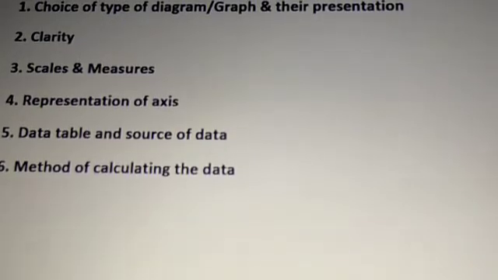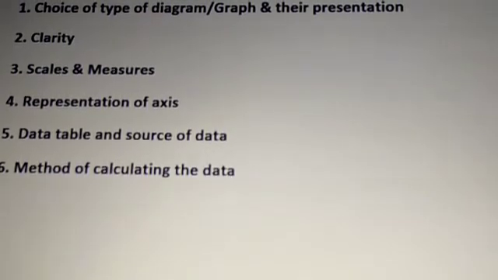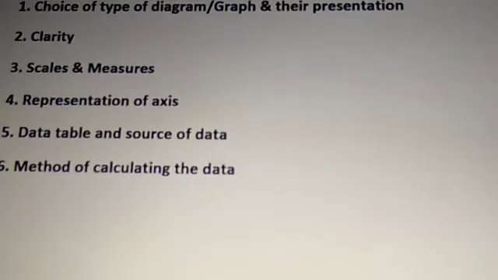Data table and source of data. Like you have seen in your previous class also, whenever any graph or diagram is made, a data table is also made with it. The data table is the information, because that is the source.